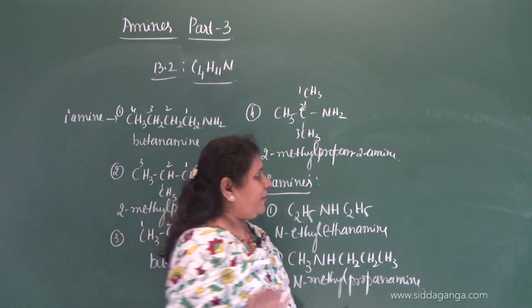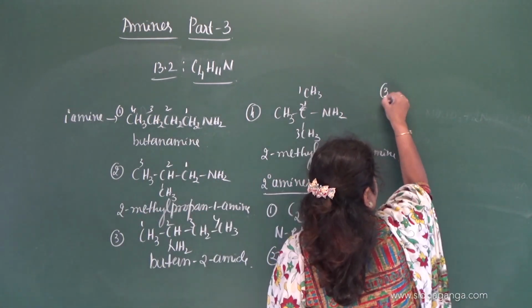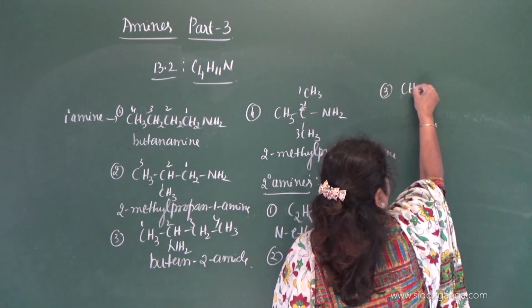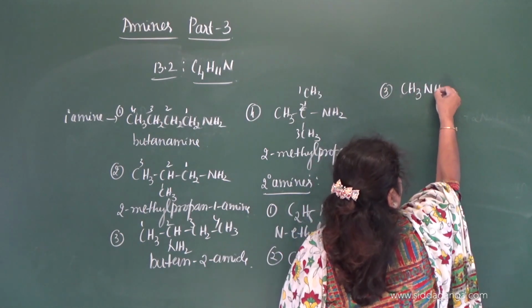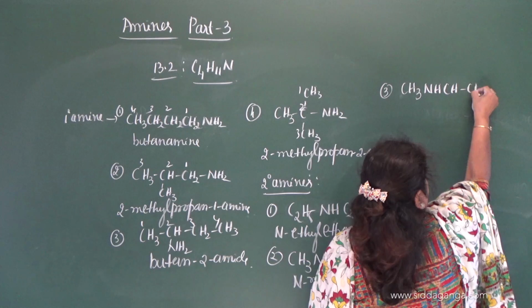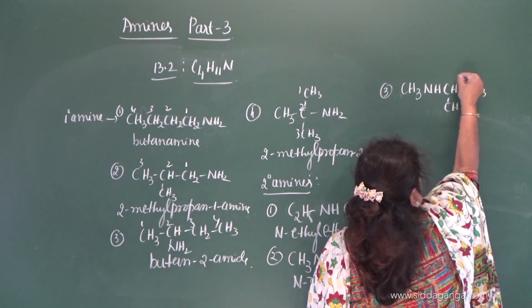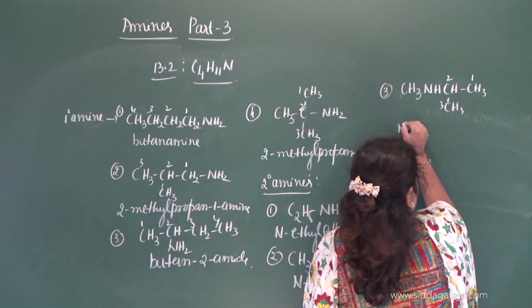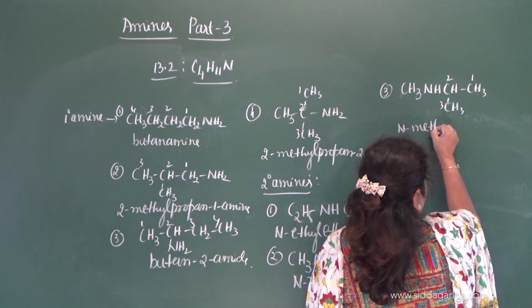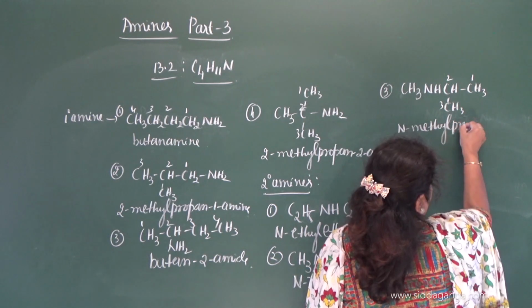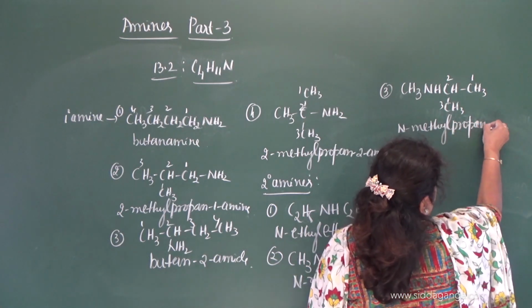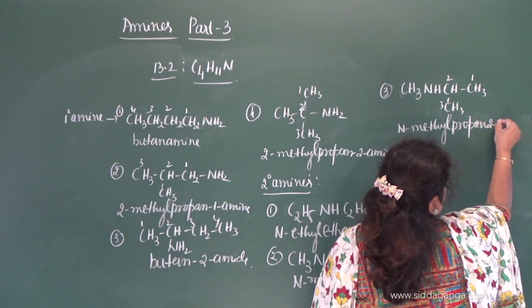And the third one here is CH3NHCH(CH3)CH3, 1, 2, 3, that is N-methyl propane 2-amine.